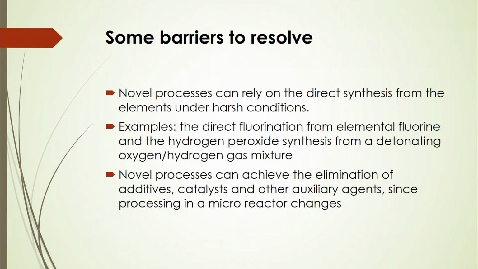And also novel processes can rely on the direct synthesis from the elements under harsh conditions, and the direct fluorination from elemental fluorine and the hydrogen peroxide synthesis from a detonating oxygen and hydrogen gas mixture are important examples where we can overcome barriers to get an intensified yield of the reaction.